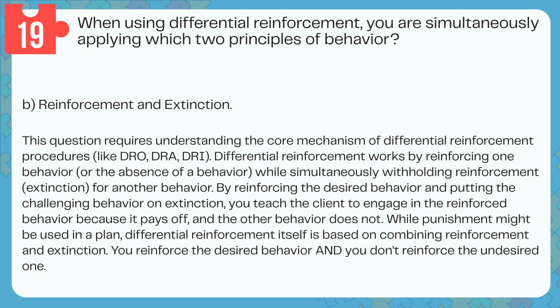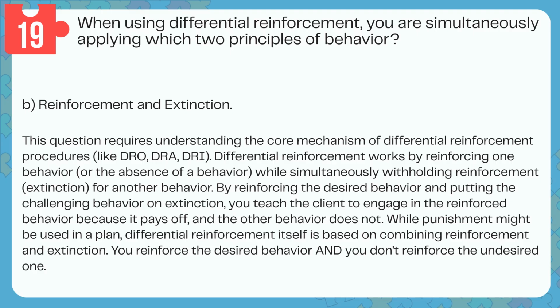Explanation. This question requires understanding the core mechanism of differential reinforcement procedures, like DRO, DRA, DRI. Differential reinforcement works by reinforcing one behavior, or the absence of a behavior, while simultaneously withholding reinforcement, extinction, for another behavior, by reinforcing the desired behavior and putting the challenging behavior on extinction.